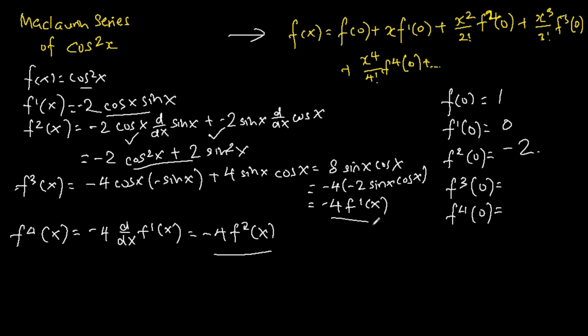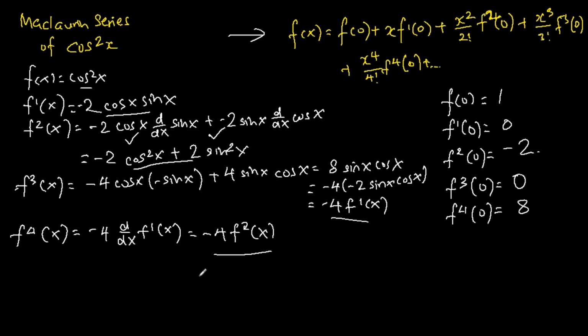We know that f1 of 0 is 0, so f3 of 0 is basically just 0. Last but not least, f4 of 0 is equal to negative 4 f2 of 0. f2 of 0 we know is negative 2, so negative 2 times negative 4 is 8.